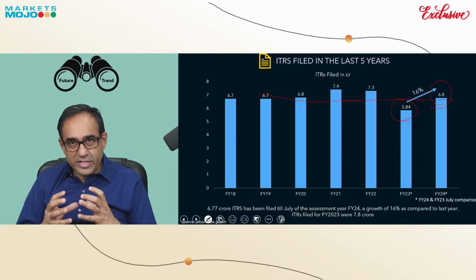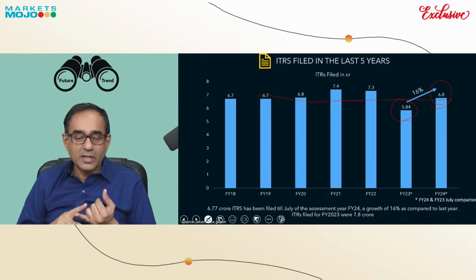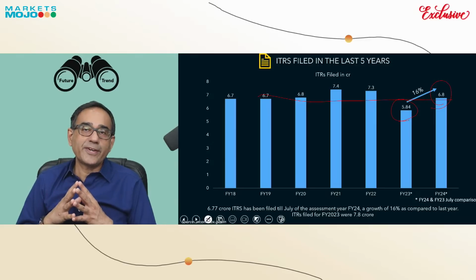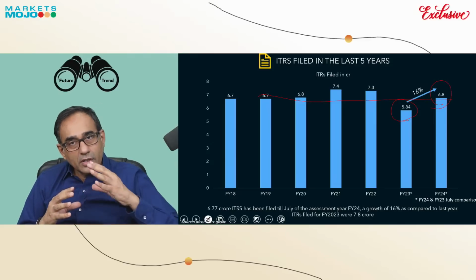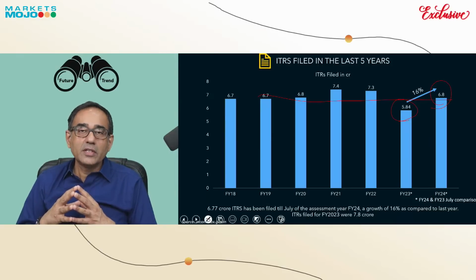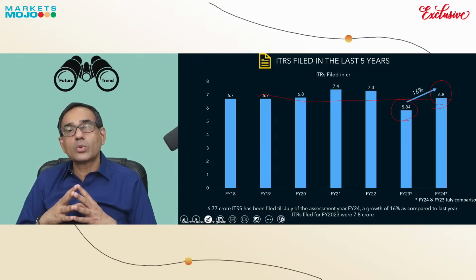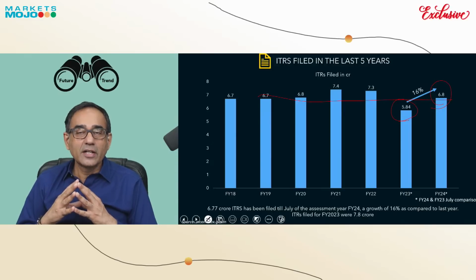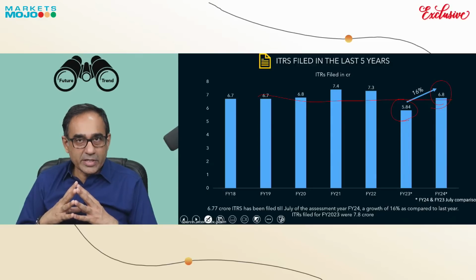So the message is very simple. Indirect taxes are going up, direct taxes are going up. And if corporate India is doing extremely well, which I come to a little later in my presentation, not only will the number of income tax returns go up, even the collection through income tax will move up, which is a very happy sign. What I'm trying to convey as a trend is that, number one, more and more Indians are becoming tax compliant.